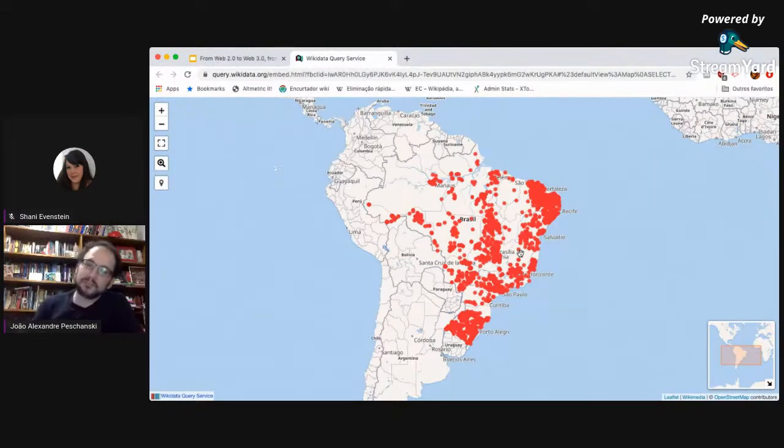And we are using this tool, through queries, to track whether or not the government is indeed investing what it should be investing so that this kind of accident won't happen again.